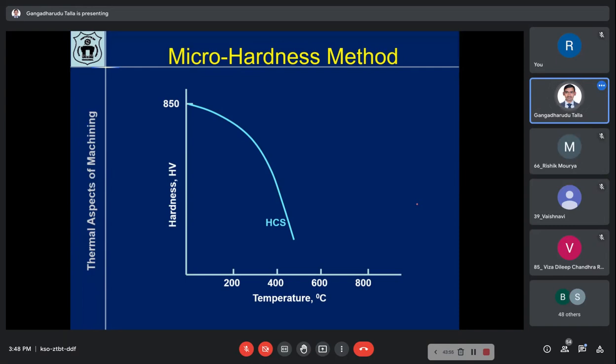Here we can see some relation. HCS, high carbon steel material: with the rise in temperature, the hardness value is coming down.